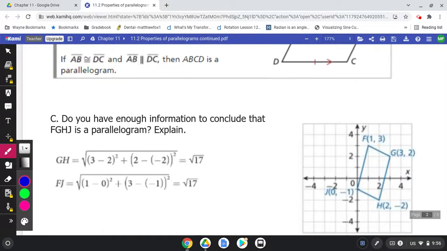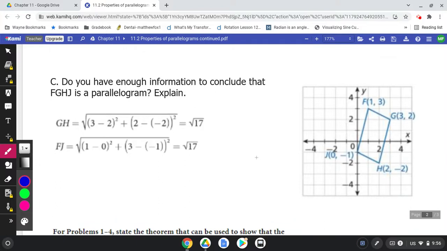So, with that being said, question C here asks, do we have enough information to conclude that FGHJ is a parallelogram? Explain. If we look here at FGHJ, I already solved for you using the distance formula. If you forget what that is, we simply find the change in x and the change in y.